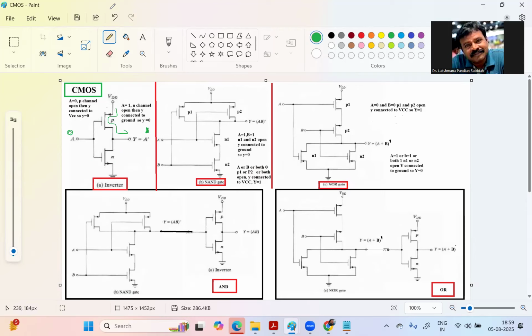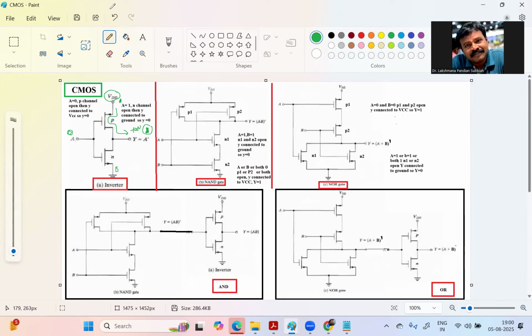Now this line is connected with VCC, VDD, so we are having the voltage 5 volts. The 5 volts is equal to 1. If you are connecting with ground, it is 0. Connecting with VDD, we are having the value 1.